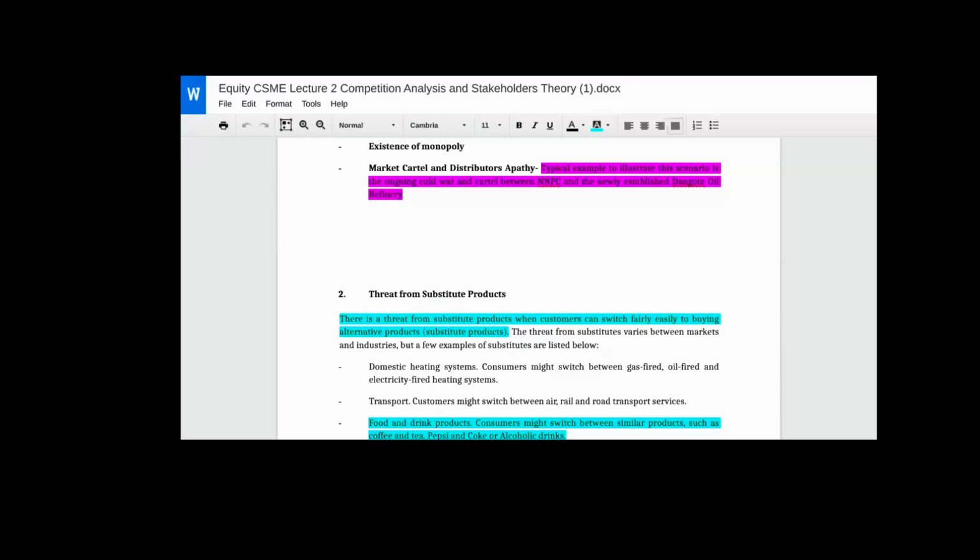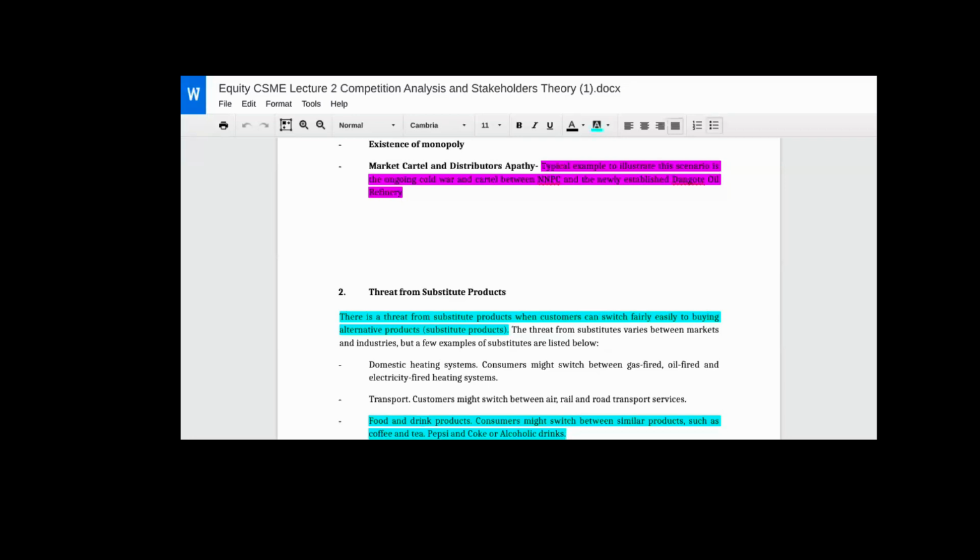Anytime there's a substitute product in the market, the consumers have room for choice. They can leave product A to go and try product B, and in so doing, if that product B is sold at a lower price and it meets their expectation in terms of quality and satisfaction, they might not come back to product A again. So we have so many substitute products here and there, particularly now that we're in a digital age.